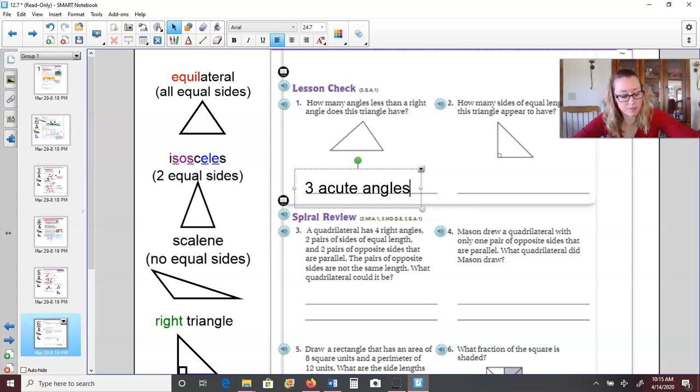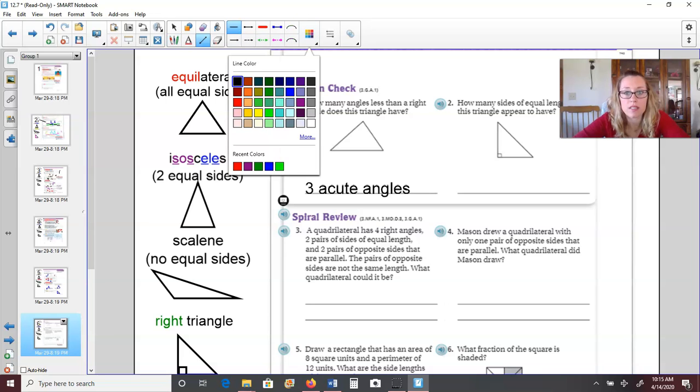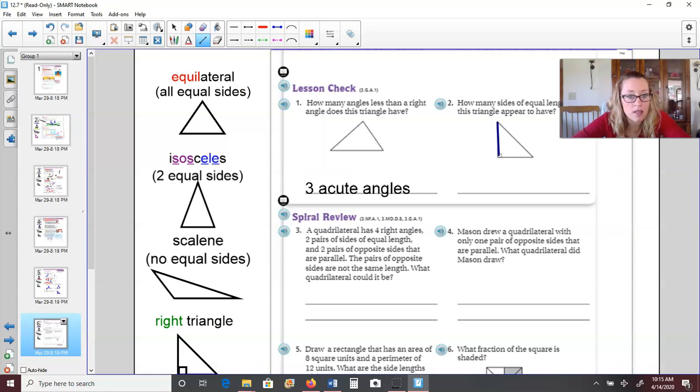Okay. Number 2, how many sides of equal length does this triangle appear to have? So, just to test this out a little bit, if we traced this side, okay, a little crooked, but it'll do.